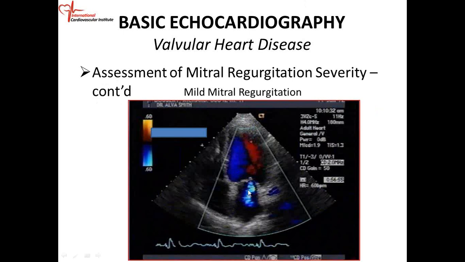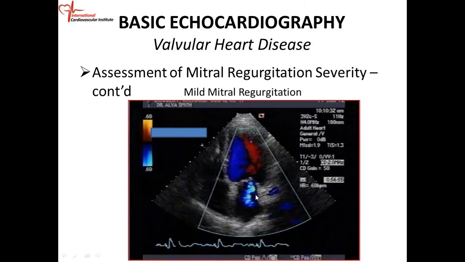The color flow is not very accurate, but it can be used to some extent. So you have to use your color flow along with other features of the mitral regurgitation. So your transducer is there. The blood is flowing from the LV into the left atrium, away from the transducer, and you get varying shades of blue.